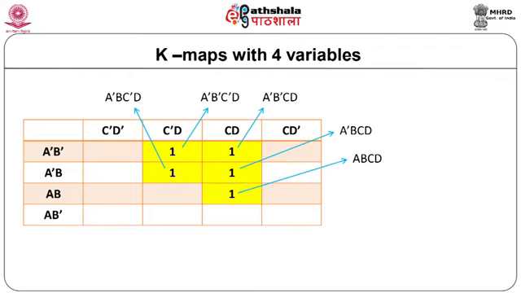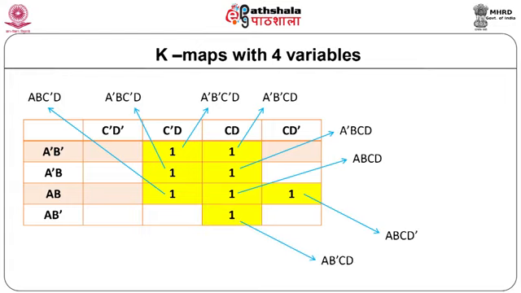Repeat it for the fifth term. Similarly, we can map the sixth term and then the seventh term. The next term is also represented. Thus, we are representing all the terms present in the truth table. So, in all we have a total of 9 terms where the output is 1.